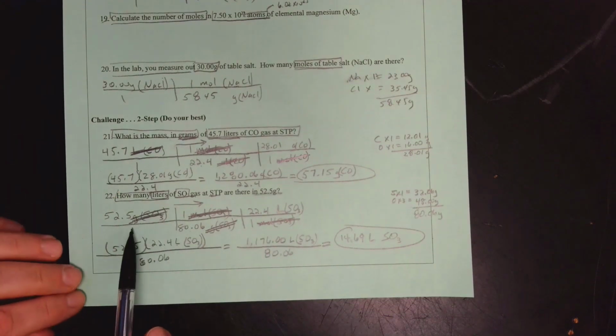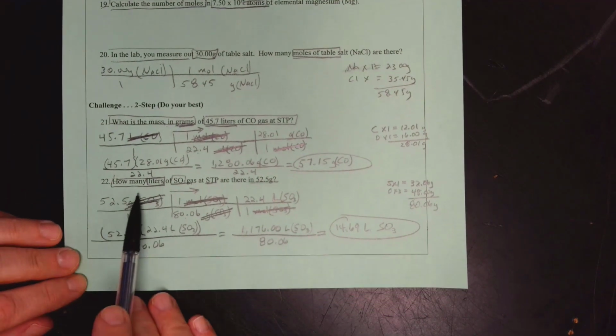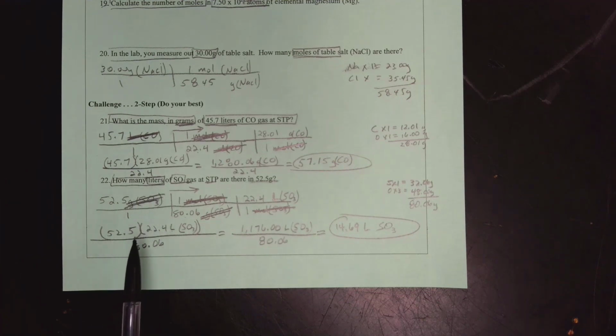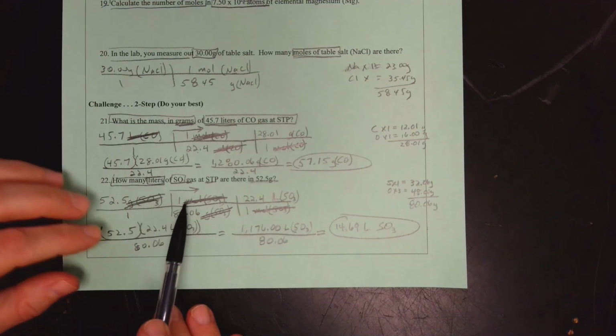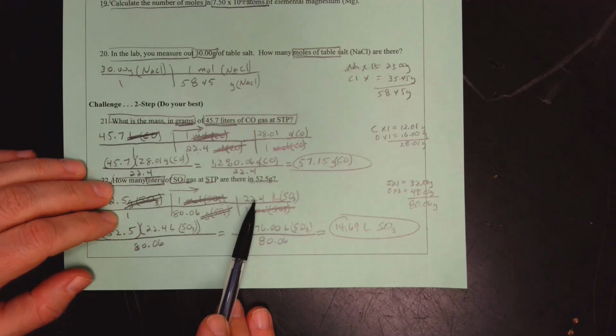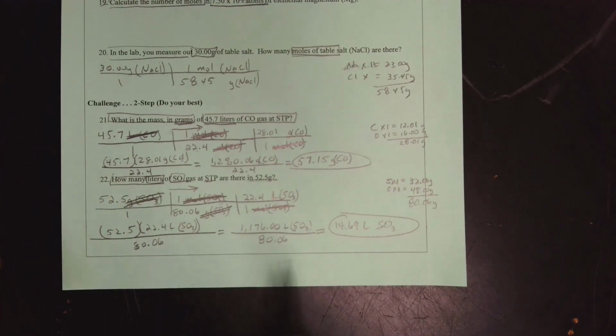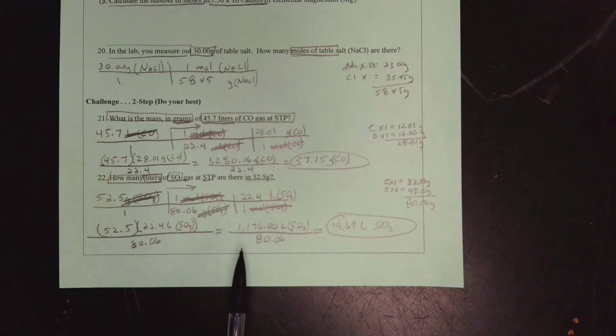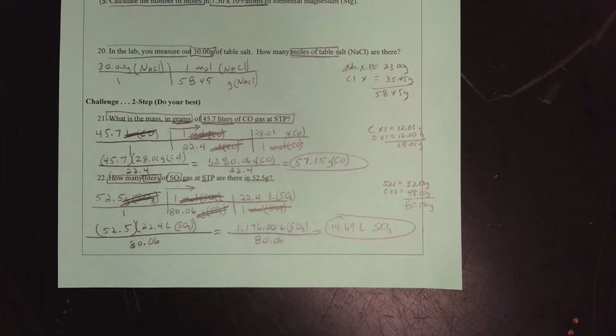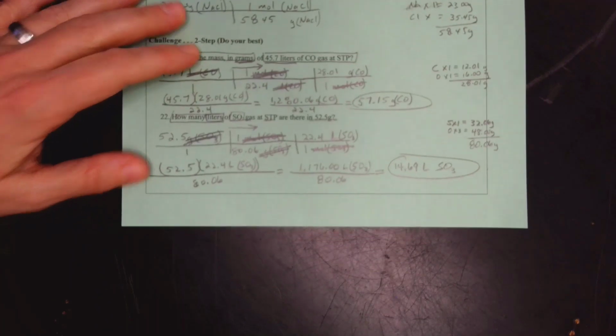I can't necessarily go right from liters to grams, but I can always go liters to moles or grams to moles, and then I can use moles as it's like the little thing that brings everybody together. Look, it's holding hands with everybody, like, hey, everybody, let's get together. That's probably weird. Anyway, so that's how you do those 2-step problems.